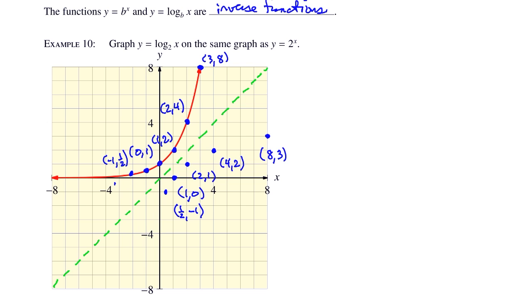That's the point -2, 1/4, which means when x is 1/4, y is -2. So we should be able to connect these dots in the reflection over the line y equals x. Does it ever hit or cross the y-axis? No. That's because the original graph, y equals 2 to the x, never hits or crosses the x-axis. And since you're doing an inverse, you just switch them around.